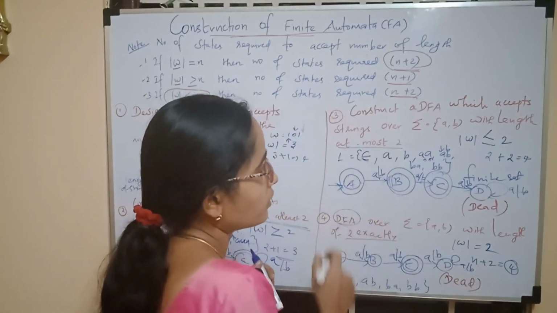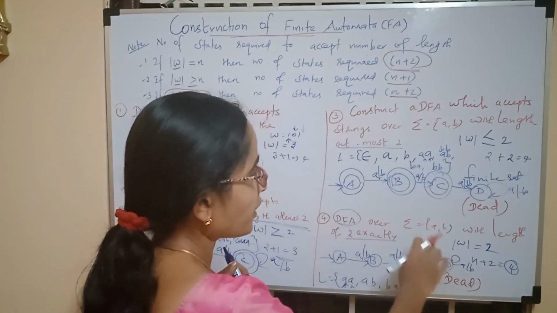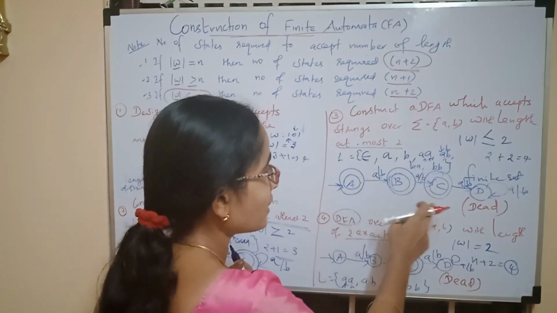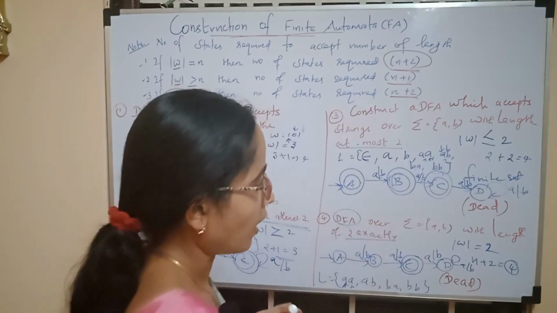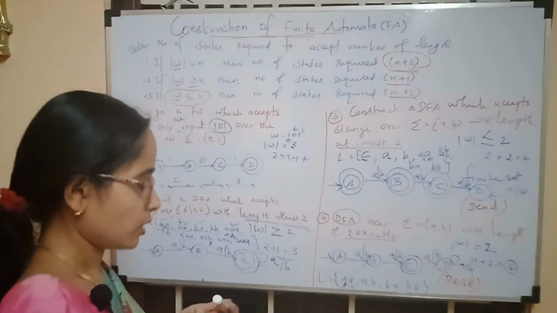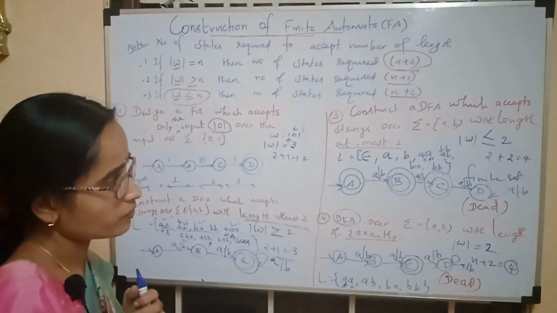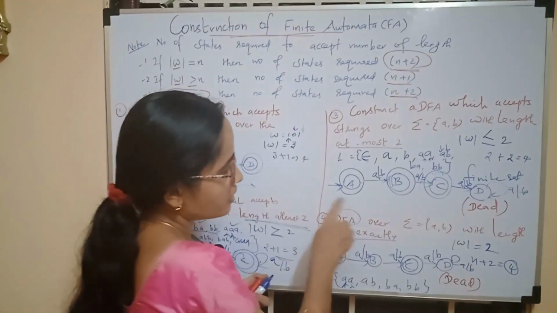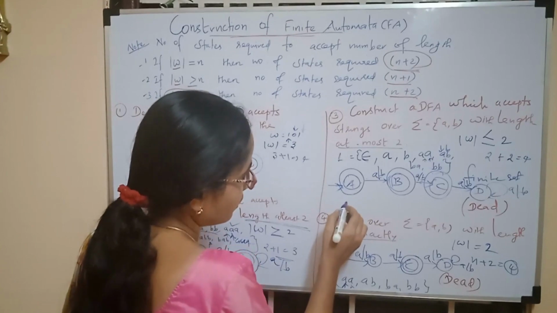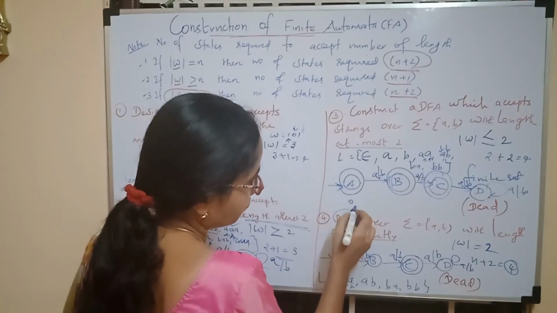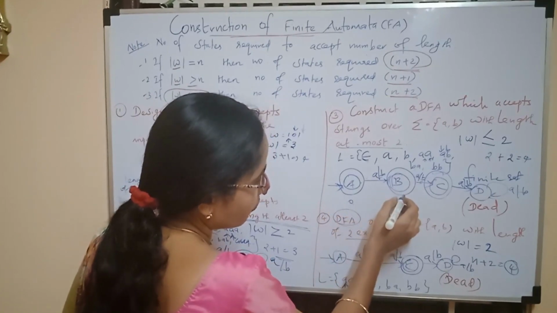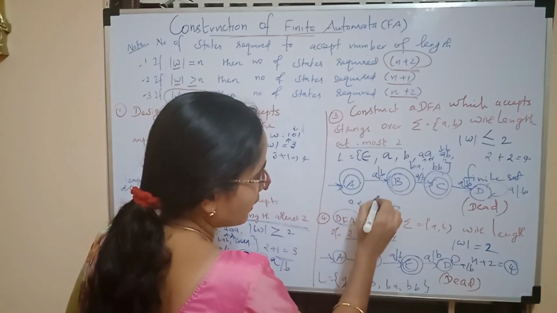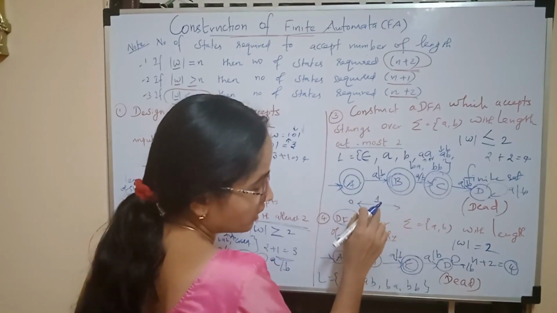But when you compare this with the previous diagram, the same thing will be there, but 3 states were final states there, and here you will have only 1 state. What is the difference you are finding here? When you are here, you might have seen nothing, so the length of the string is 0. But when you are here, you might have seen at least one symbol, so the length of the string is 1.